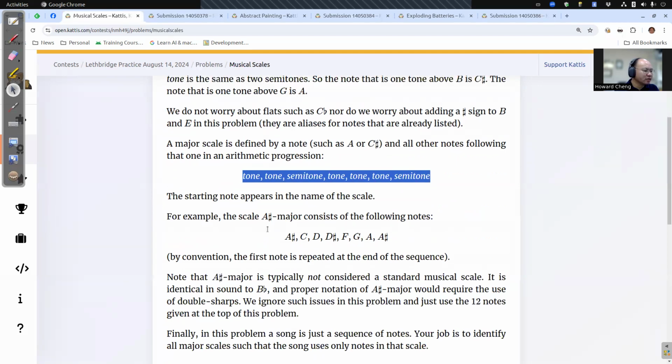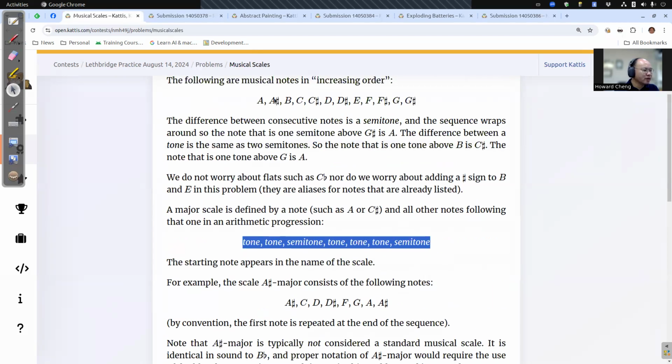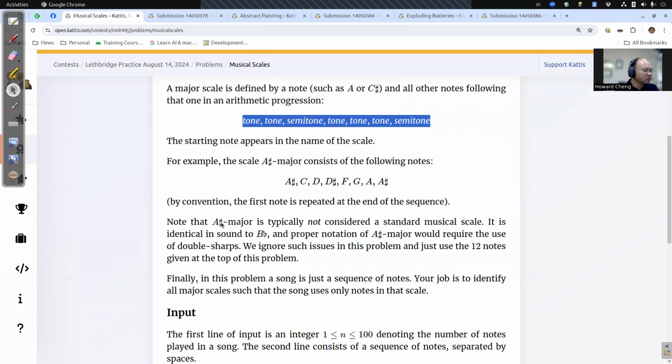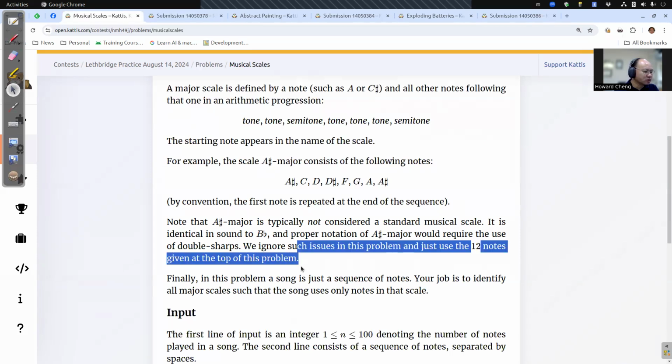For example, A sharp, you go from A +2, +2, +1, etc. Note that A sharp major is typically not considered a music standard. It's identical to another scale. Okay, we ignore such problems.